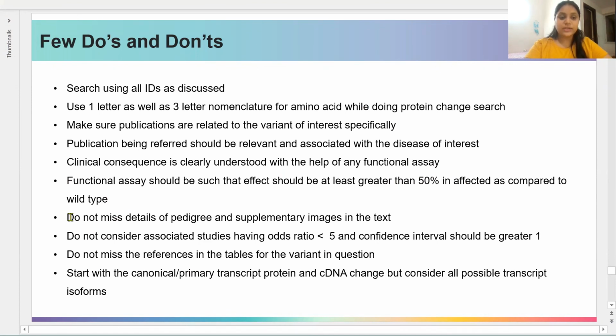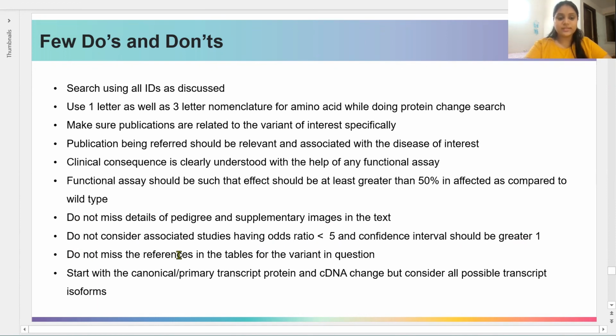Make sure that you do not miss any details of the pedigree and supplementary images in the text, because sometimes people put the segregation or the functional assays in the supplementary images or the pedigrees. Do not consider association studies which have an odds ratio less than 5, and the confidence interval for this odds ratio calculation should be greater than 1.